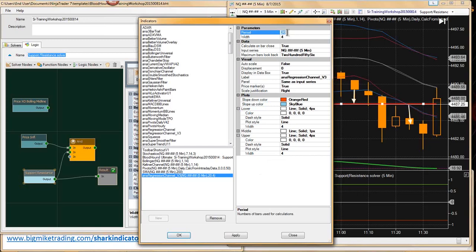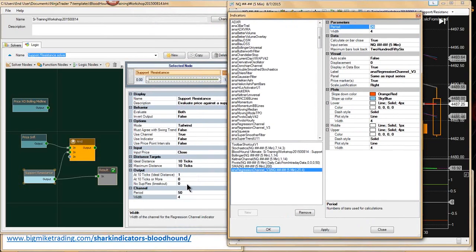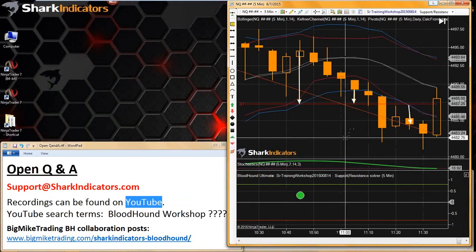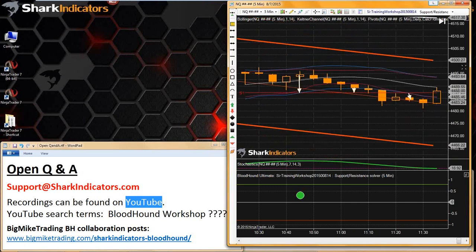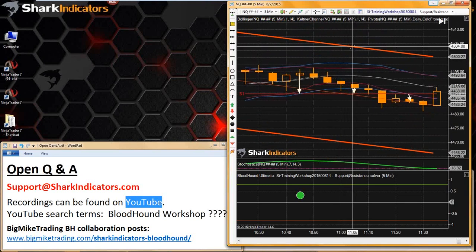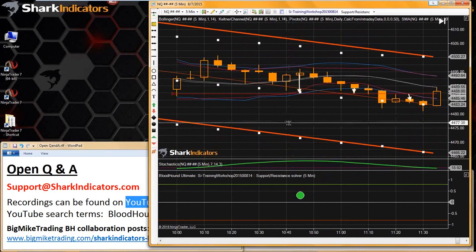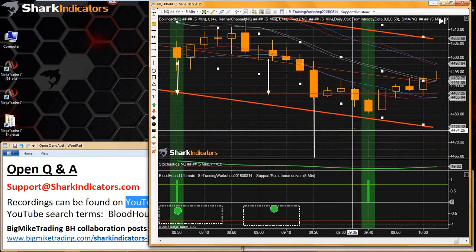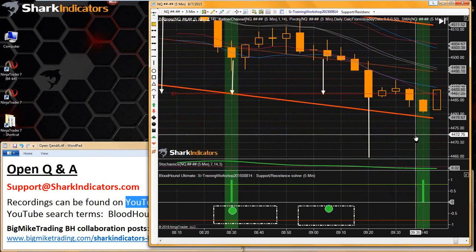Alright, I'm going to match the settings in the solver. If we look down here, the support resistance solver is using 50 and 4. So on my indicator on the chart, I'm going to set this to 50 and 4. Alright, so we can see the channel here. And bingo, there we go.